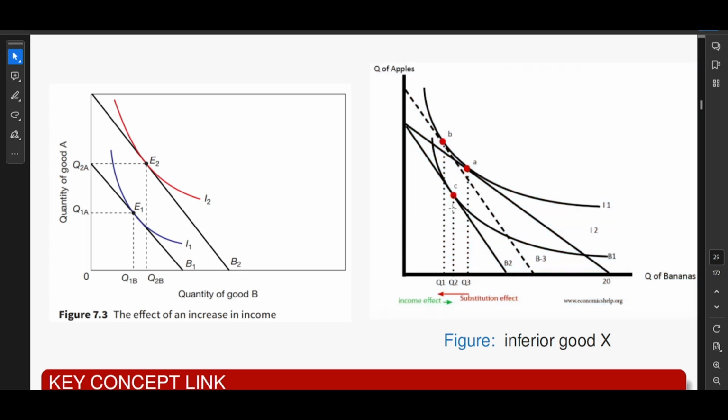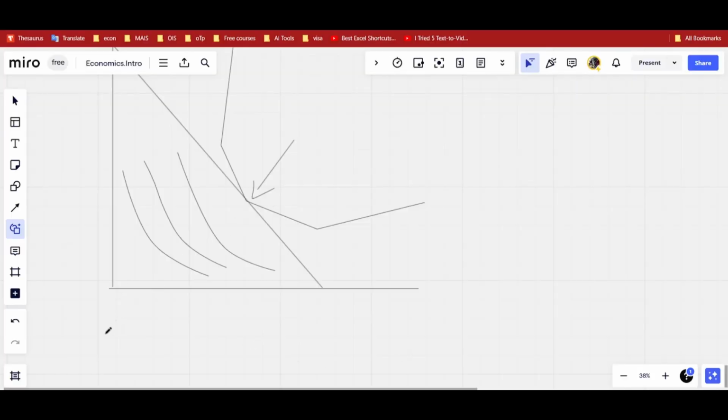And as we said, as you move this way, your utility is increasing. What we're seeing here is that the reverse has happened, right? Your budget line has basically moved to this point.